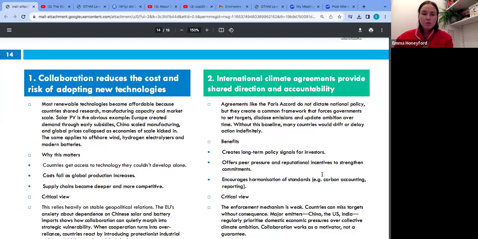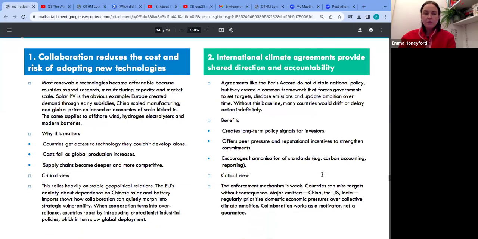Why does this matter? Countries get access to technology they couldn't develop alone. The costs fall as global production increases. Going back to the role of economics in all of this, if the demand is there, global production increases, and therefore the cost falls. Supply chains become deeper and more competitive. A critical view would be that this relies heavily on stable geopolitical relations, and there's a lot of anxiety at the moment from the EU about dependence on China's solar and battery imports.